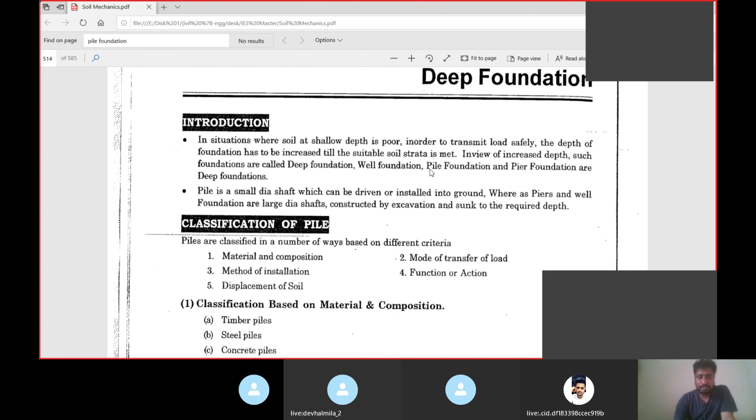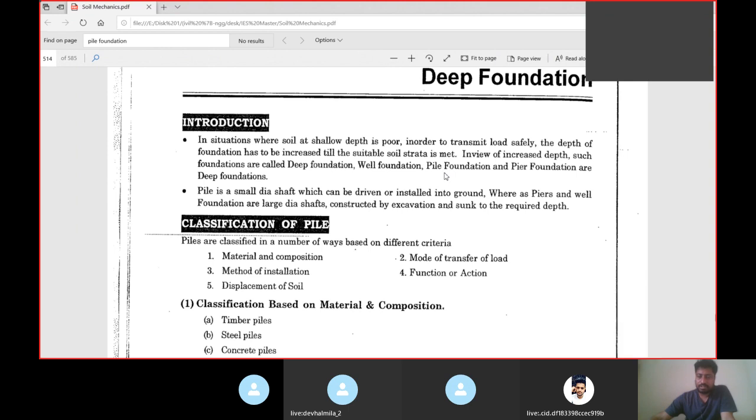And in case of pile foundation, the load transfer is through the skin friction effect and the end bearing effect, right? And the pier foundation is a kind of foundation where the load is transmitted through piers to the footing and from footing to the underlying soil, right?